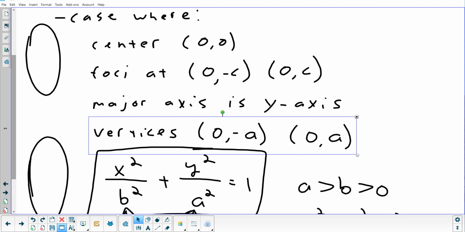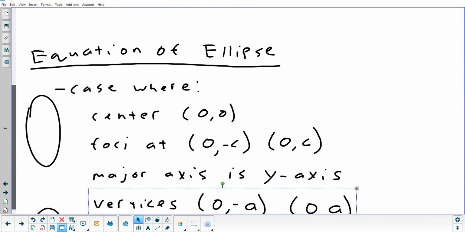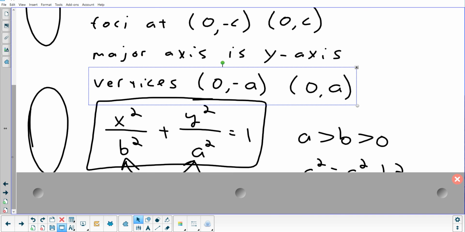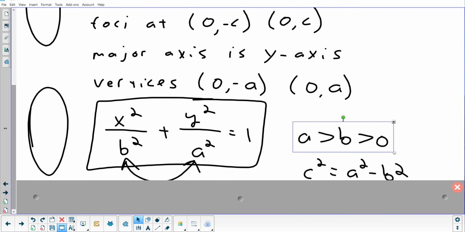And there's your equation. Right? And as we already looked at, the A and the B switch places. So A is still bigger than B. That's always going to be true.